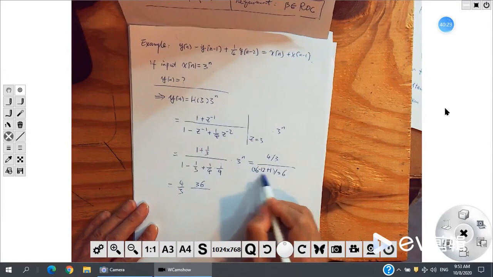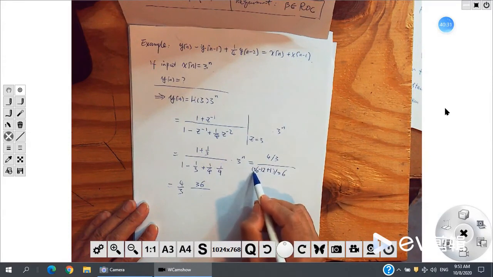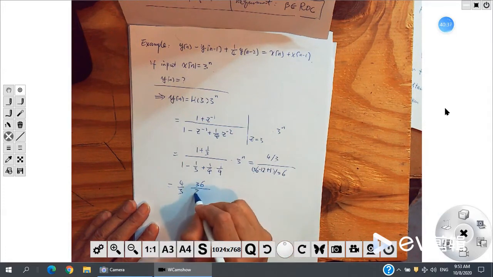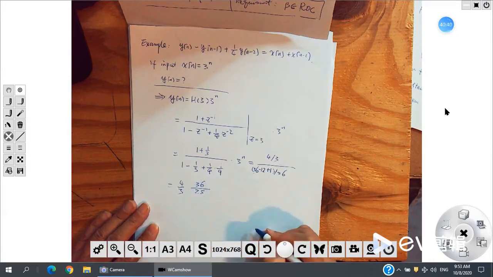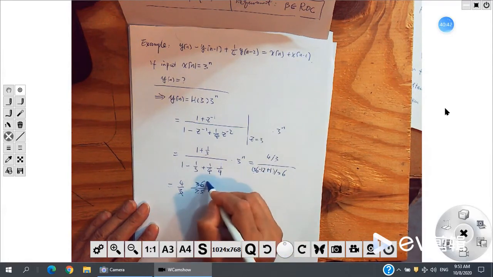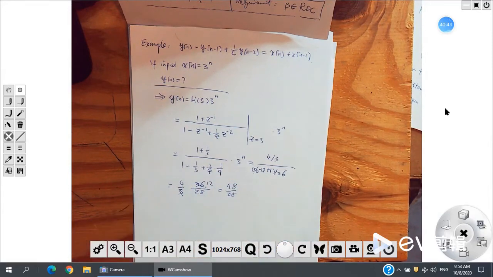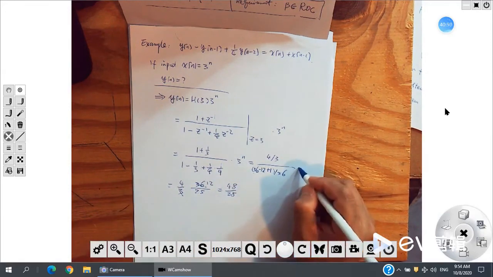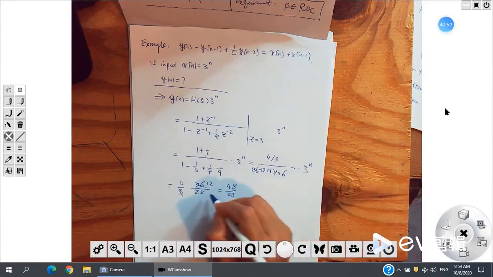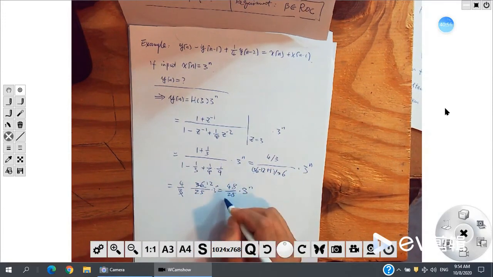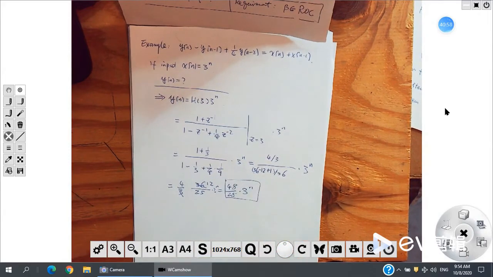And this is the whole denominator: 36 minus 12, I get 24. 24 plus 1, 25. And this 3, I got 12, so it's 48 over 12, or 25. This is this number, and oh, I forgot the 3 to the n. So the final answer is just this one.